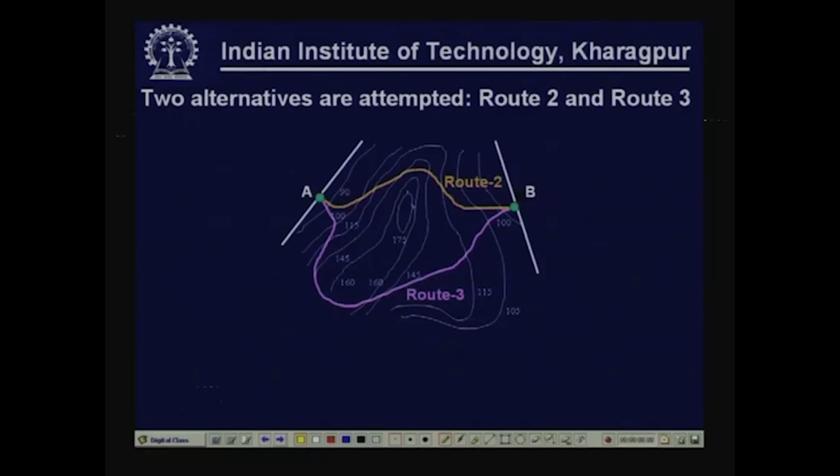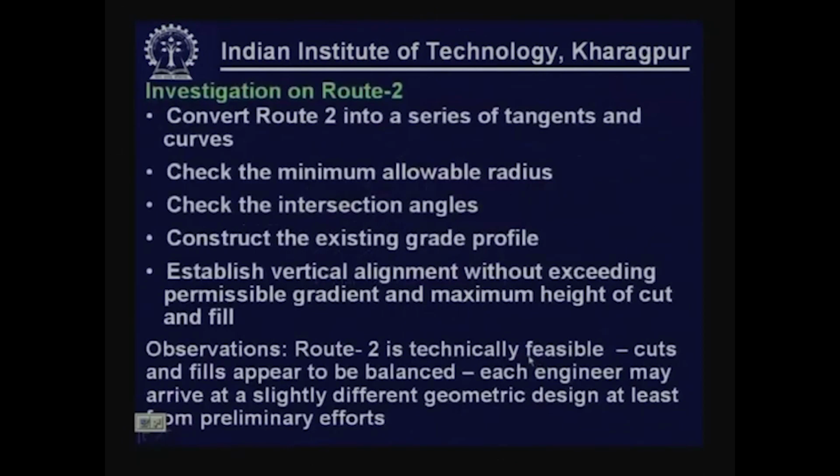Because of the nature of the contour here, either we can take the road like this, as indicated by route 2, or else we take the road like this, going to the other side. These are the two possible routes that we have identified logically from the experience of the first route, and now we try to explore these two routes.